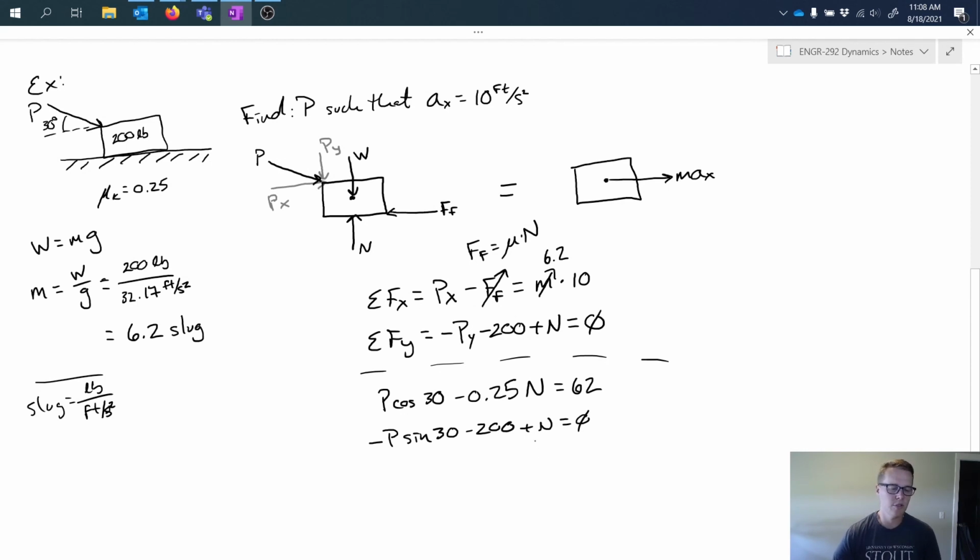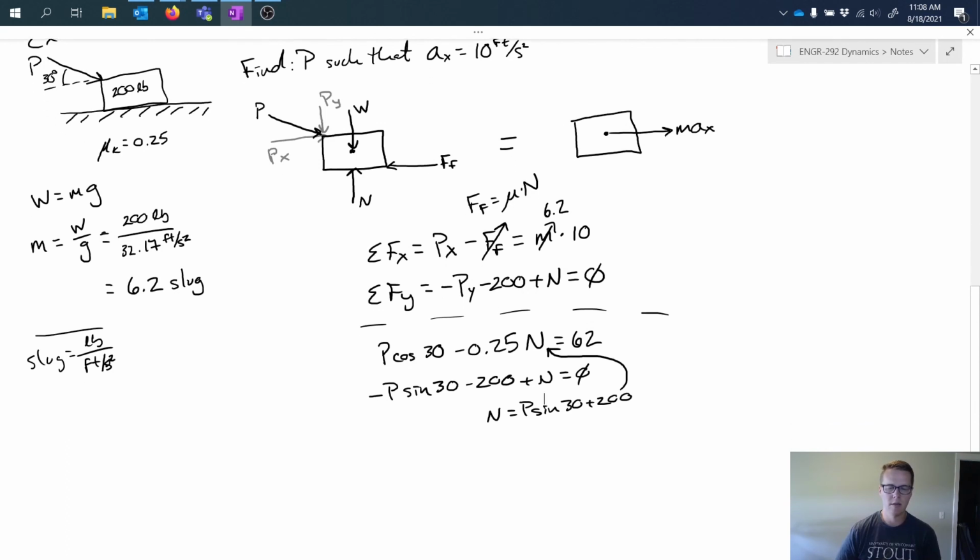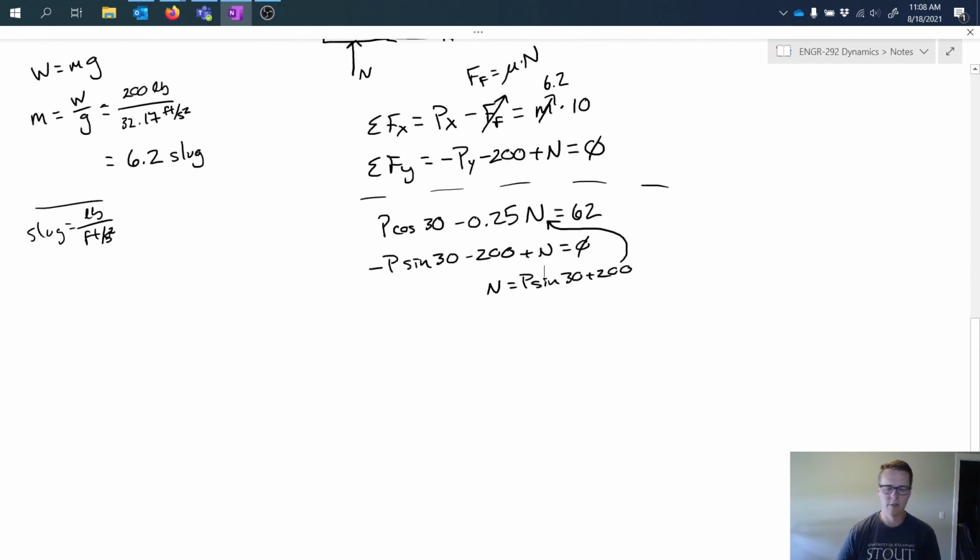Probably the easiest way is just to brute force it. So I'm going to go ahead and solve for n in this second equation by adding p sine 30 and 200 over to the right-hand side. And I'm going to take this solution for n and plug it in to my forces in the x direction equation.